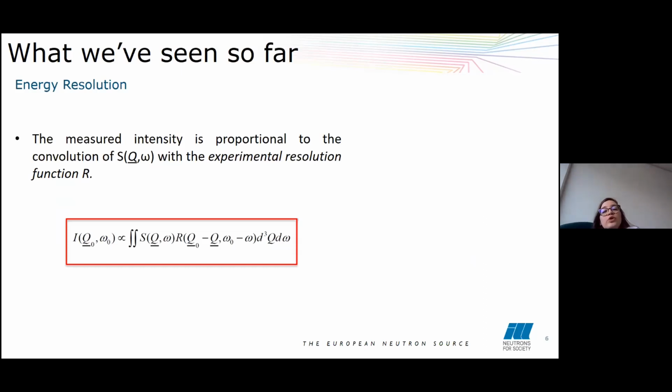It is actually proportional to the convolution of S(Q, omega) with the experimental resolution function R. And R depends on the instrument parameters. So the art of any neutron scattering experiment is to adjust the instrument and its resolution function to the problem under investigation.